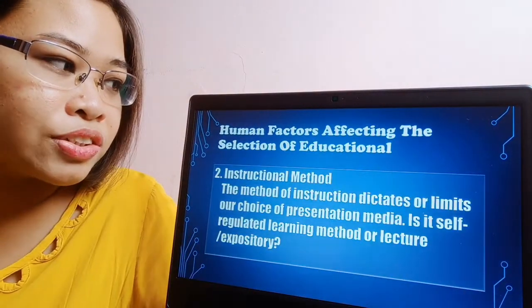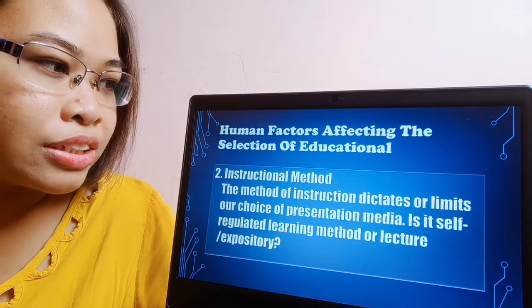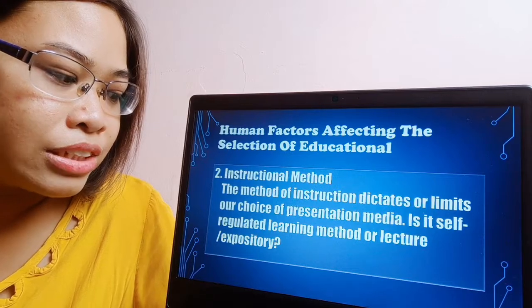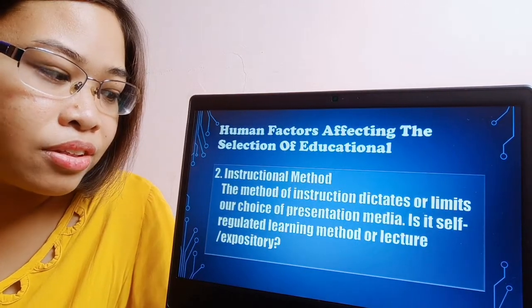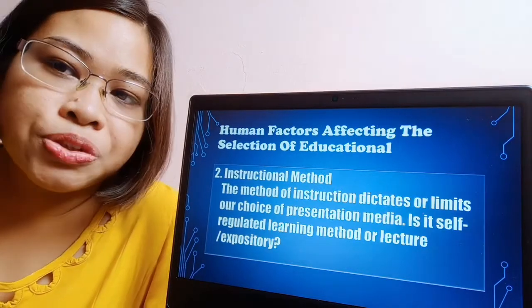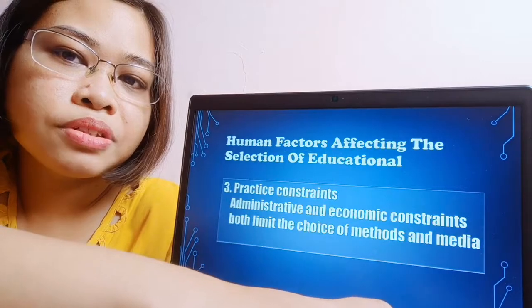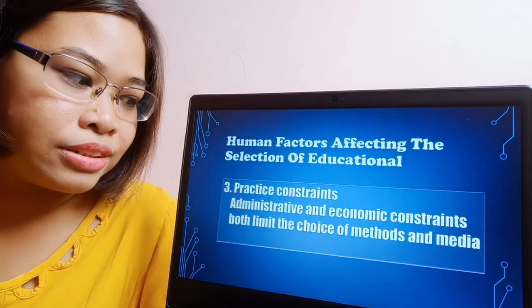Next is the instructional method. The method of instruction dictates or limits our choice of presentation media. Is it a self-regulated learning method, or lecture, or exposition? Number three is the practice constraints.